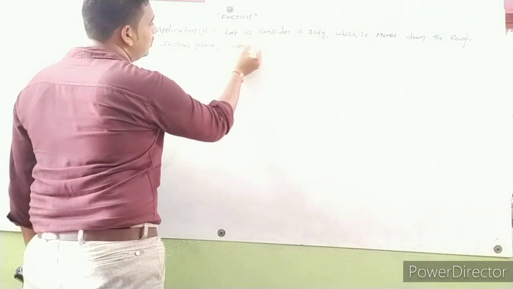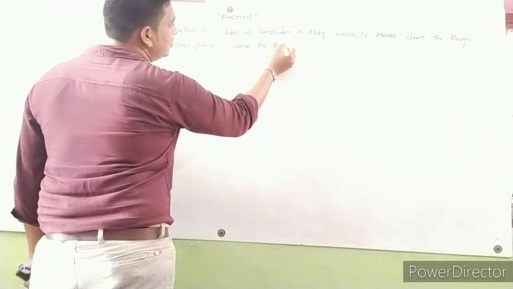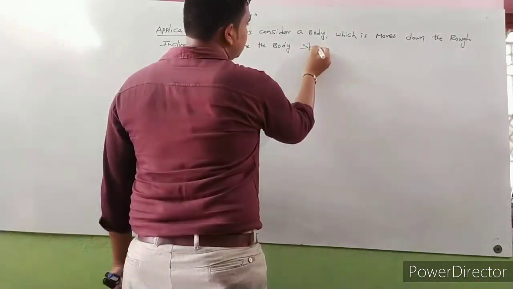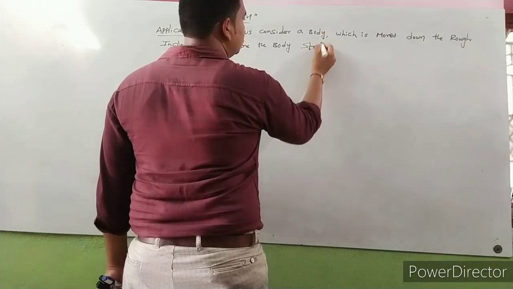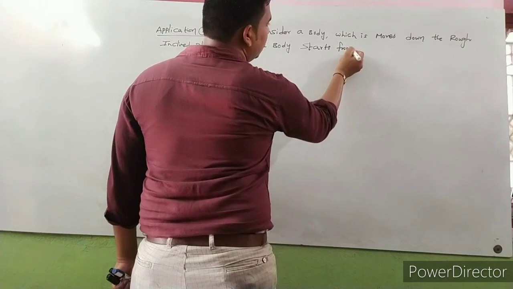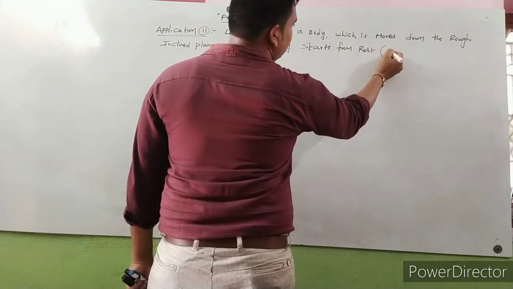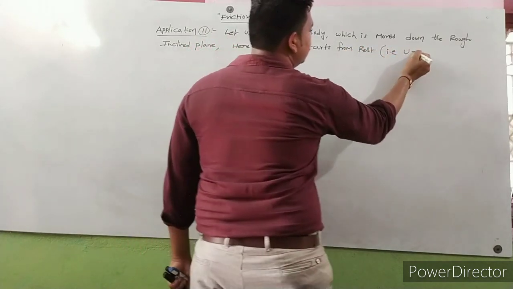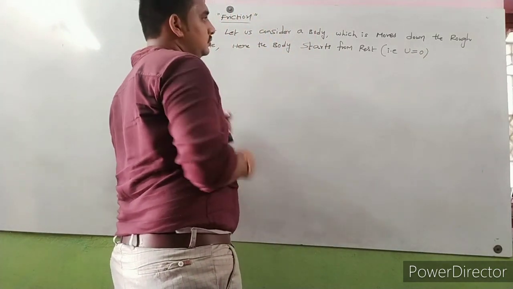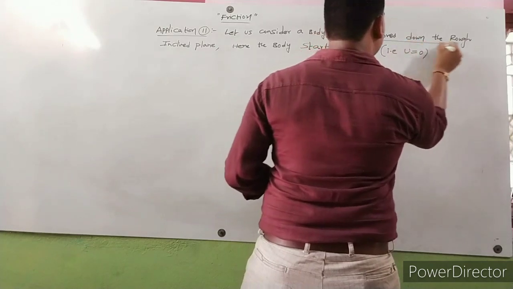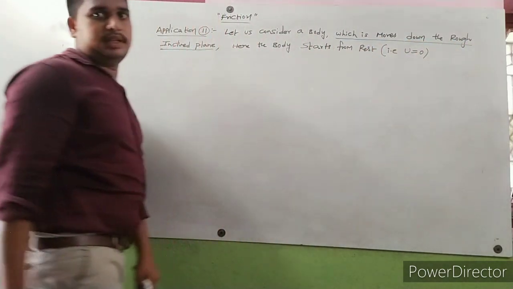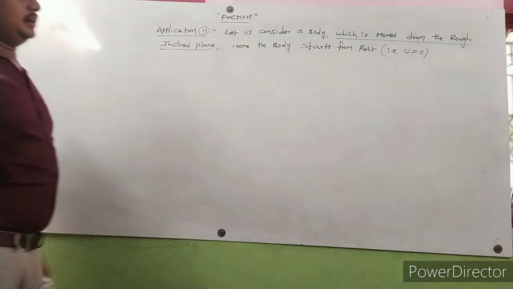Here the body starts from rest. That means initial velocity is 0. It moves down the rough inclined plane.